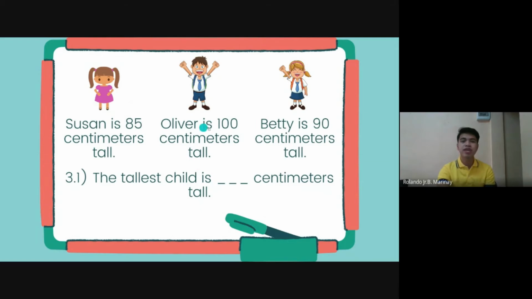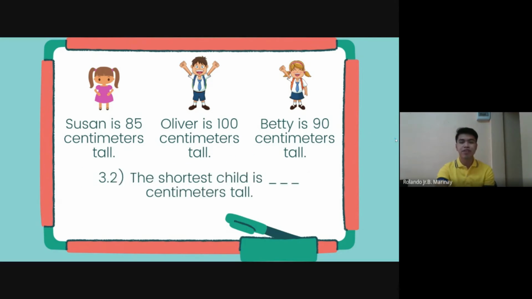And the question is, how tall is the tallest child? So we can write how tall he is. He is 100 centimeters tall. So we're going to write the tallest child is 100 centimeters tall. For the next question, number two, the shortest child is blank centimeters tall.